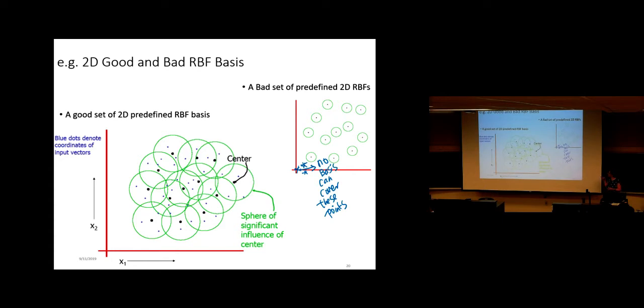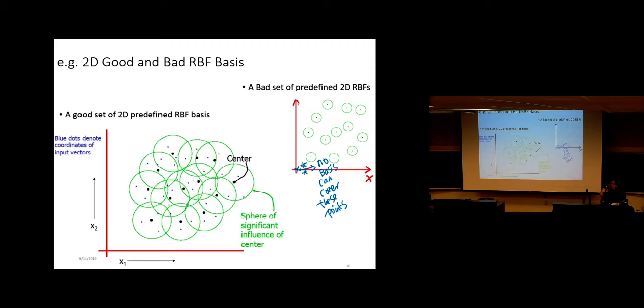This circle shows you the 3 lambda contour. If your design of the basis is spreading over the two-dimensional space like this, this is my x1, x2.